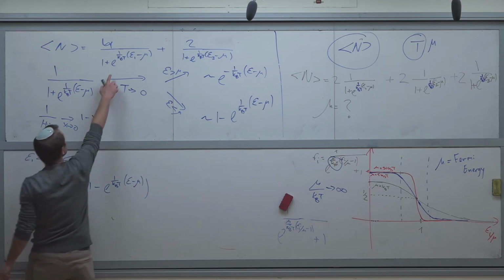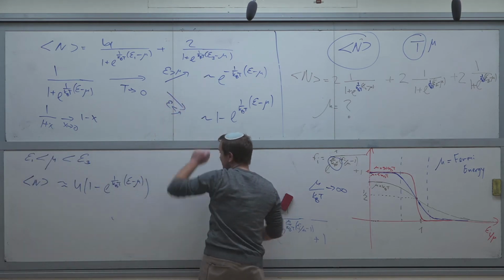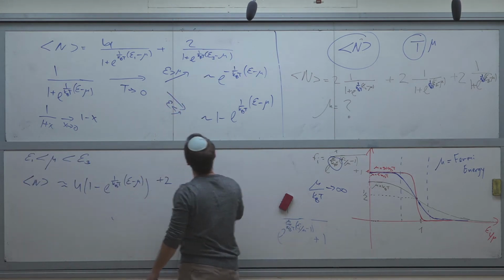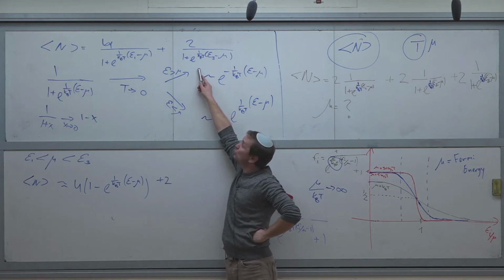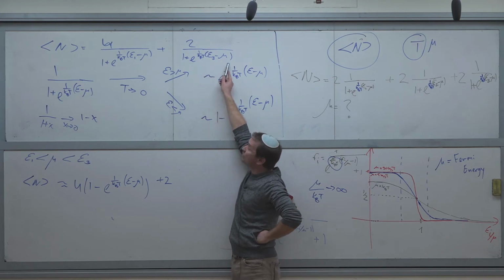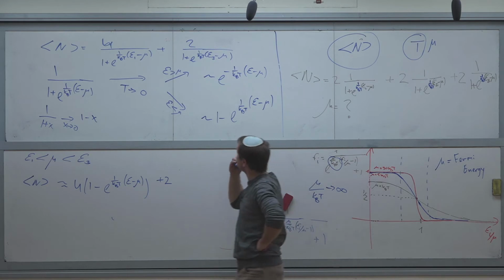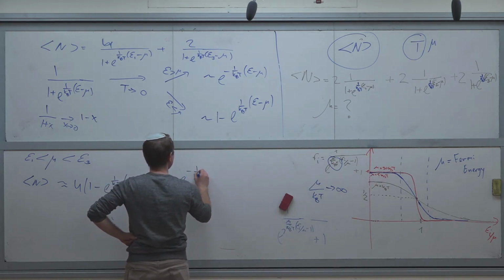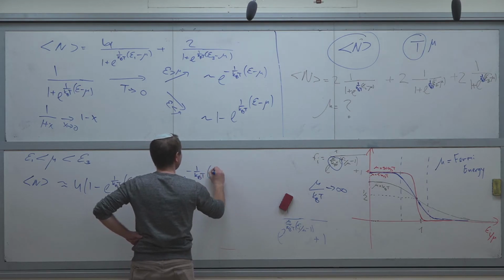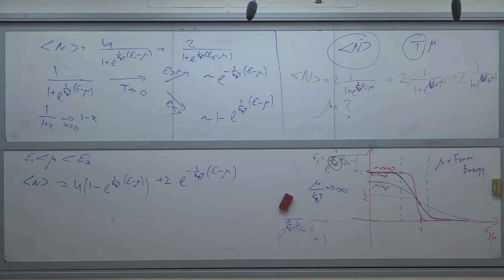Also we have plus 2, and here we need to expand 1 over 1 plus e to the power 1 over k Boltzmann T of epsilon 3 minus mu, using this expression, which is e to the power minus 1 over k Boltzmann T of epsilon 3 minus mu. Now this is already somewhat easier.